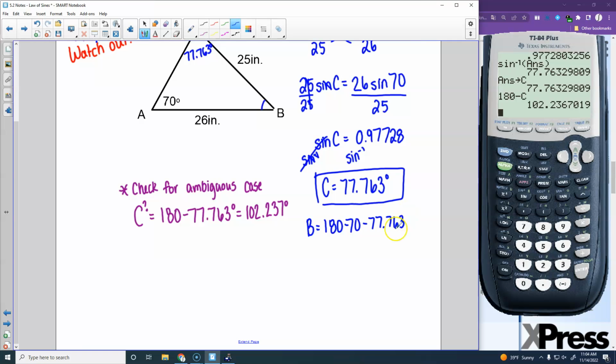And I stored this into my calculator. So if I do 180 minus 70 minus C, then it will keep the whole decimal there. So 32.237 degrees. So that would be angle B.